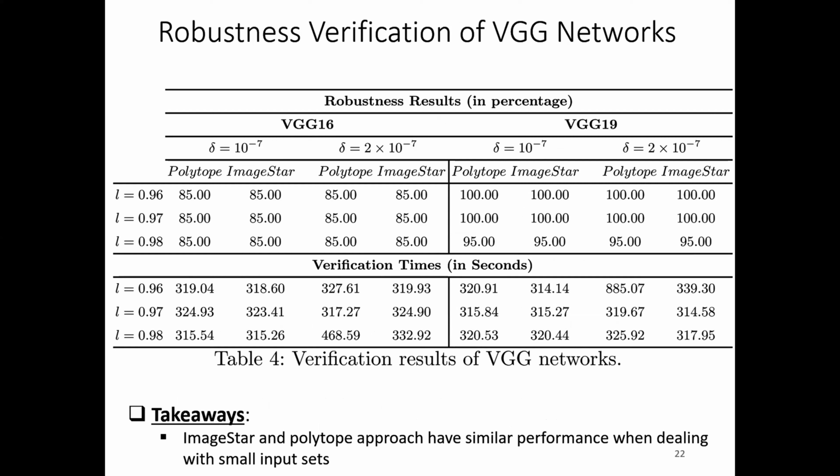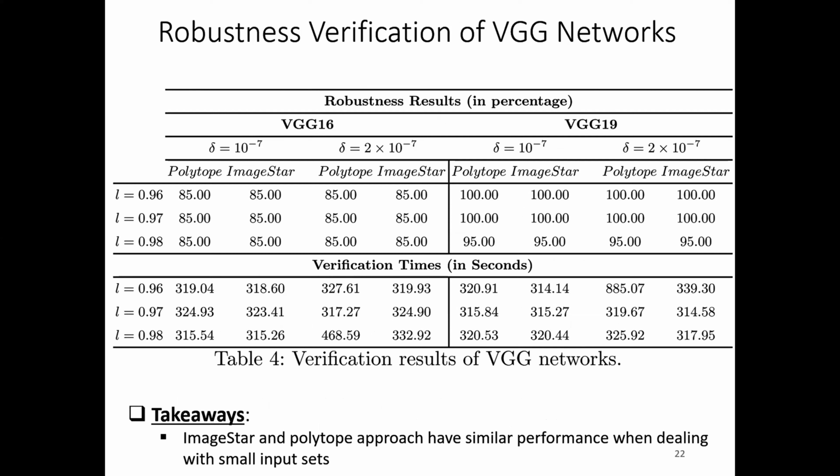This table is the comparison between the image star approach and the polytope approach on the verification of VGG networks under different adversarial attacks. On the left-hand side of the table, L is the percentage of the attack we apply on an image, and delta is the size of the input set around the attack.